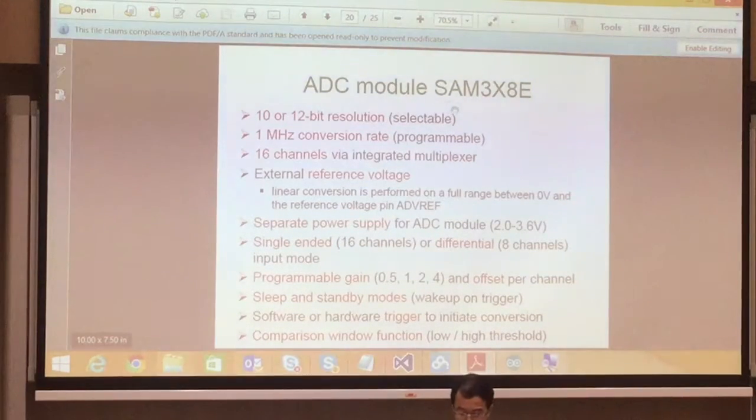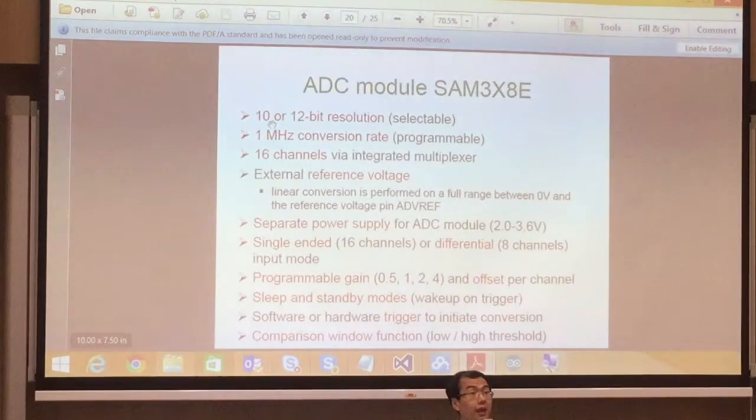In the Arduino we actually use this SAM3X microprocessor. Inside this chip, we have these ADC modules, and they can be 10 bit or 12 bits. You can select to be 10 bits or 12 bits ADC.